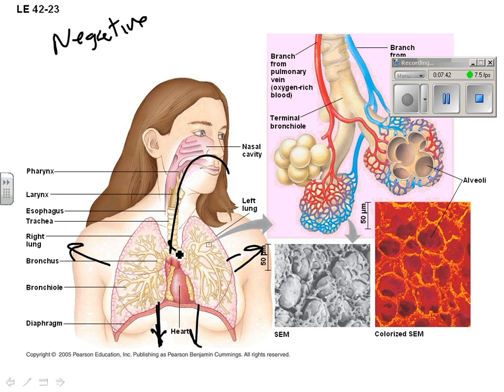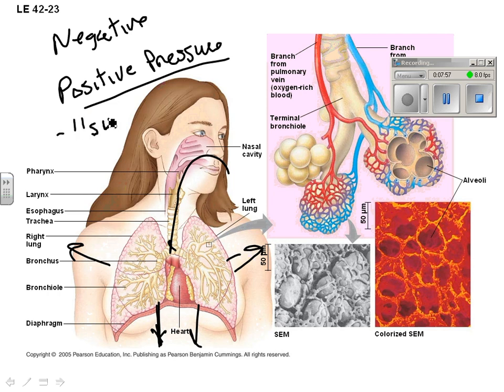A frog uses positive pressure breathing, and if you take a look at this PowerPoint or in your textbook, you'll read about this, where frogs actually increase pressure in their throat and almost literally swallow air. It's called positive pressure breathing.